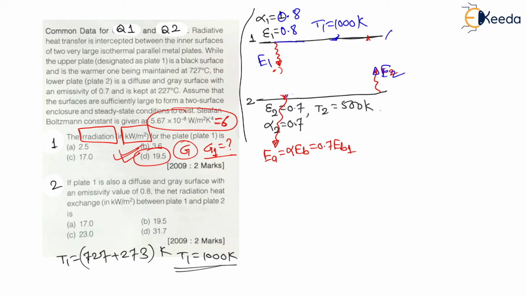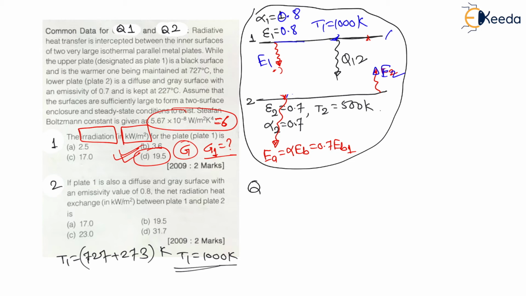For these infinitely long parallel plates, we have already derived one formula, that is net radiation heat exchange from higher temperature to lower temperature, Q1 to 2, from 1000 Kelvin to 500 Kelvin, per unit area. I am going to write the simplified version of the formula here, because in 3 to 4 questions previously we have solved the same case, as well as in the theory lecture.